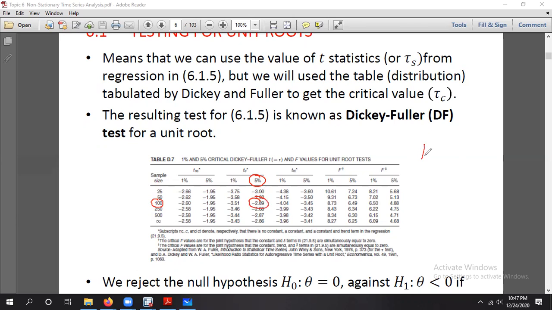So the value of the tau critical is negative 2.87.